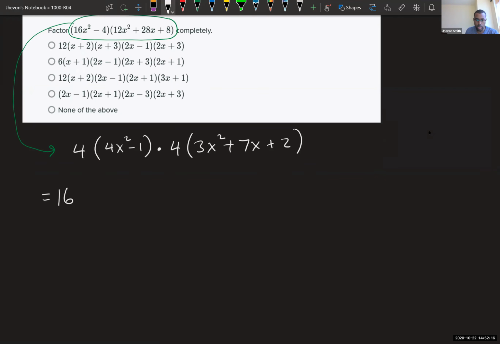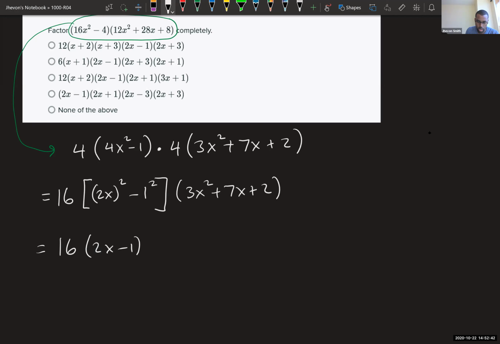So this is 16, the 4 times the 4. This here, I would actually write or think of as 2x squared minus 1. So I can use the difference of squares. And here, this is 3x squared plus 7x plus 2. So I would factor this out. This would be 2x minus 1 times 2x plus 1.